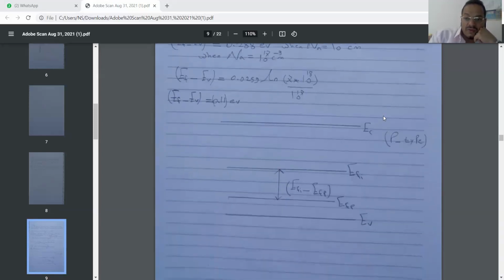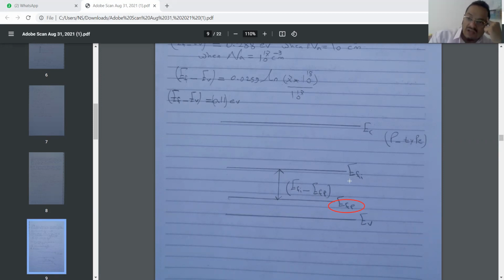Now let's draw the important three lines: EC, the conduction band, the Fermi energy level at the middle, and EV. The EFP, the hole Fermi level, will be near the valence band.